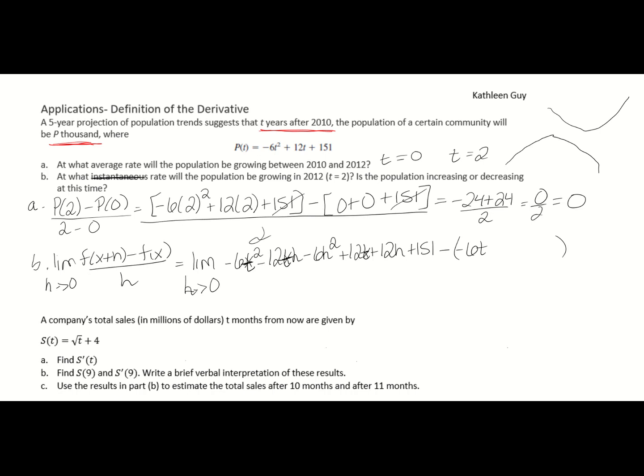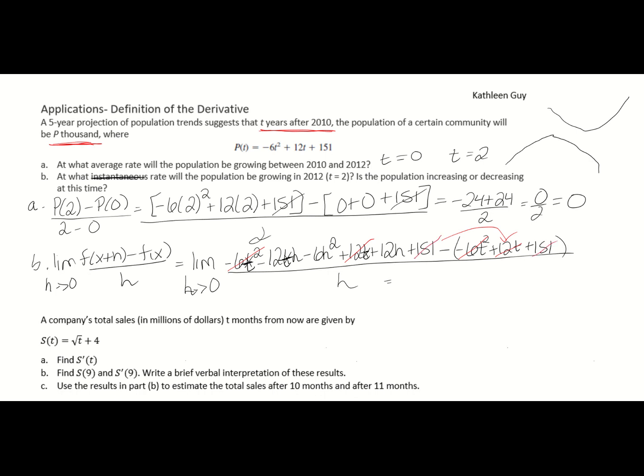Apologies. And as we saw previously, some of the things here cancel, right? So the negative 6t squared will become a positive 6t squared. Then you will have the plus 12t, and this will become a negative 12t when you distribute the negative. And the 151 with the negative 151 will cancel.